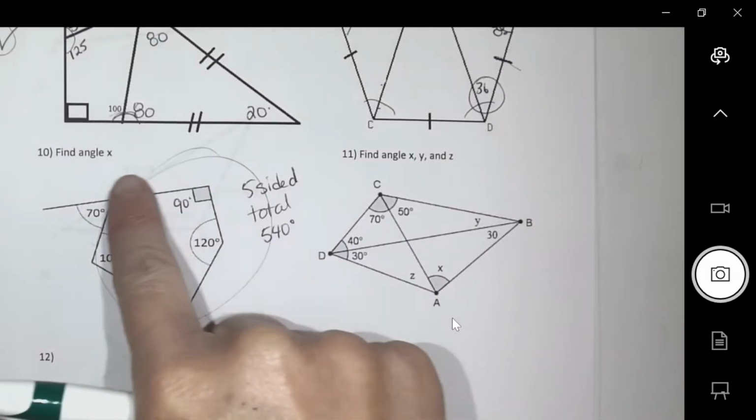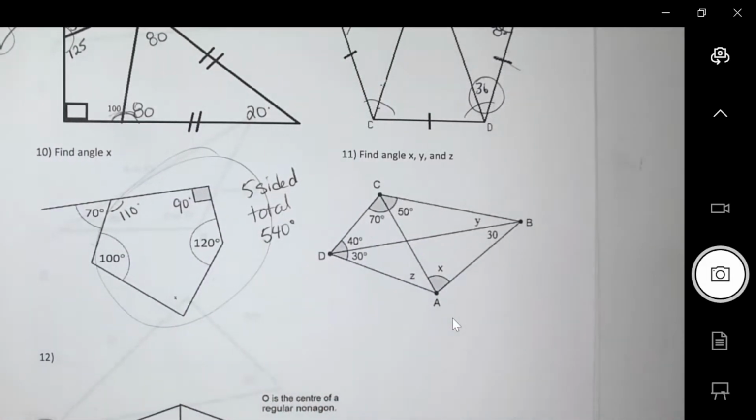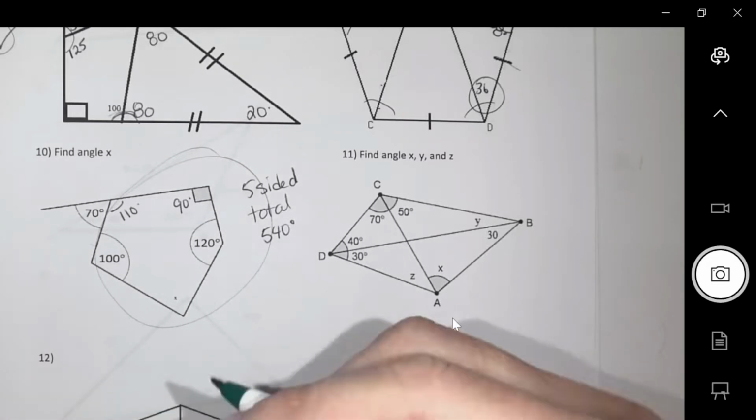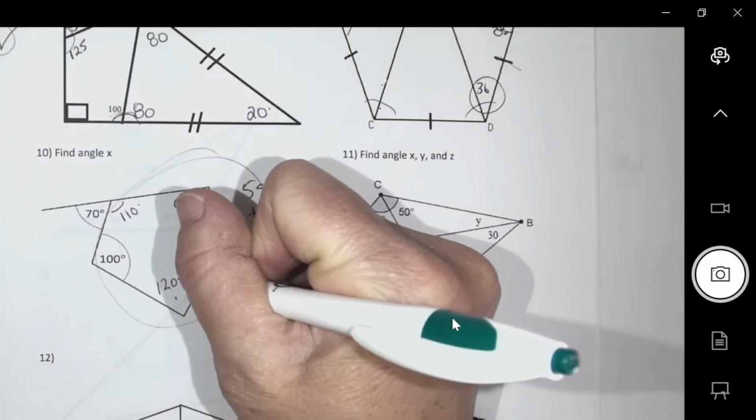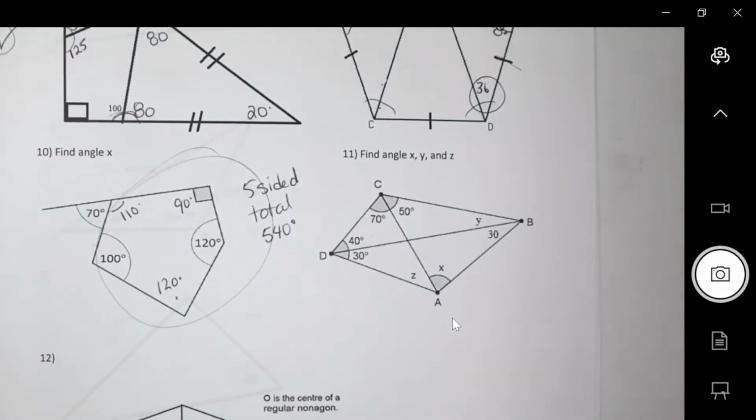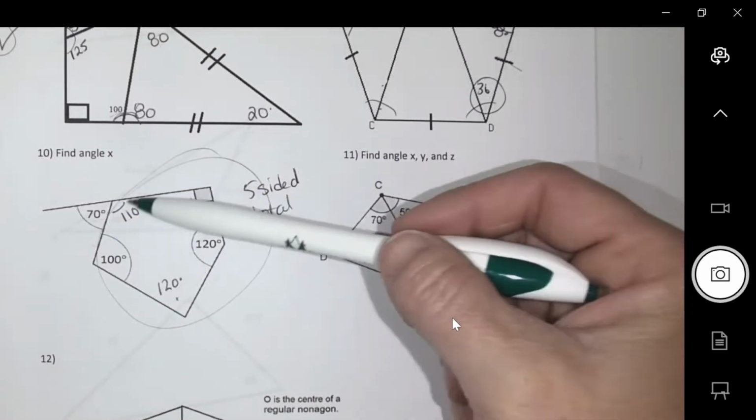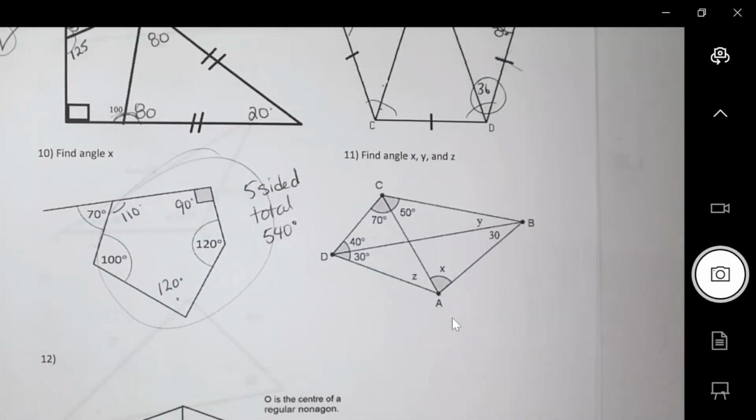So can you do all of that from 540, leaving me with what? So 540, and I've got to subtract all the other ones, and then I can see what's left.